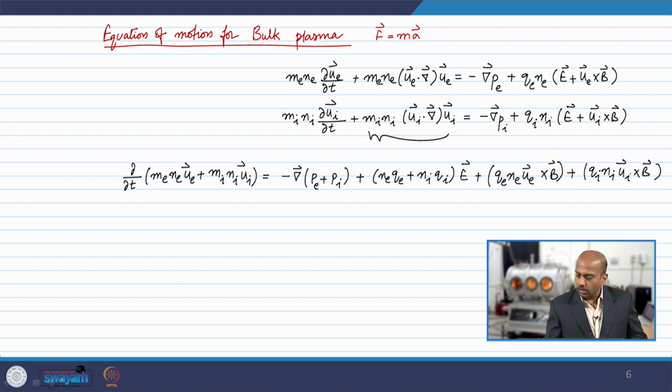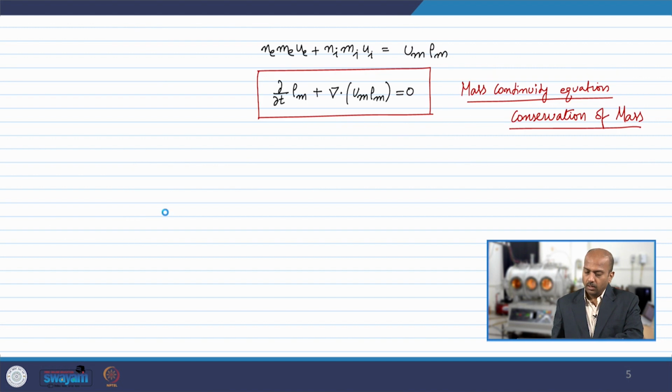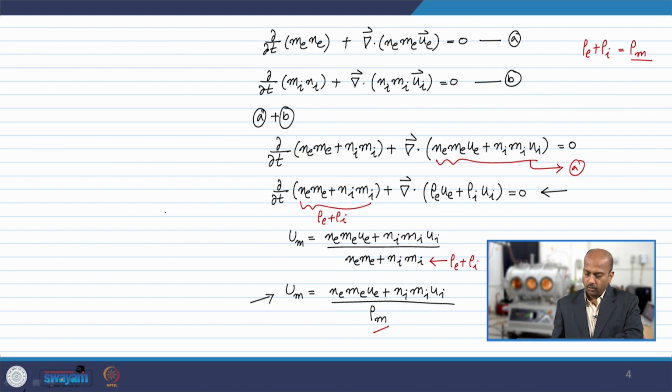So, this is further simplifying it, we will write the left hand side as (MeNe plus MiNi) times ∂/∂t of Um. We know what is Um.